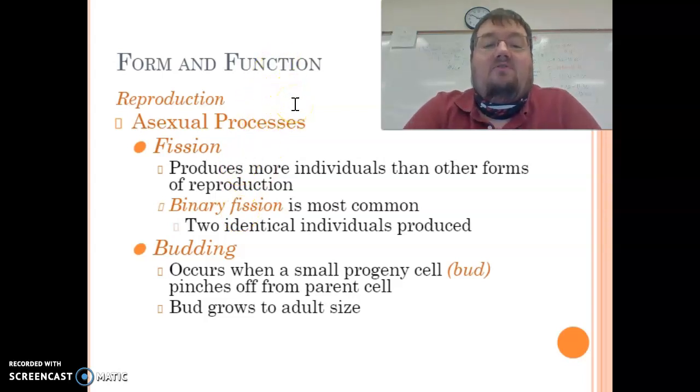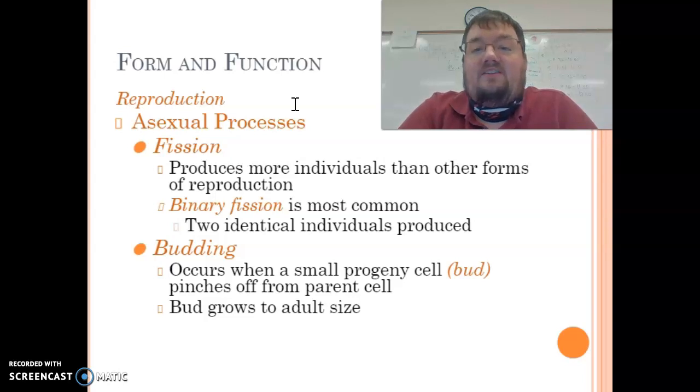So these can reproduce through fission. You guys might have heard more often of binary fission. This is the most common type, but there are more types than binary fission. There's multiple fission as well.